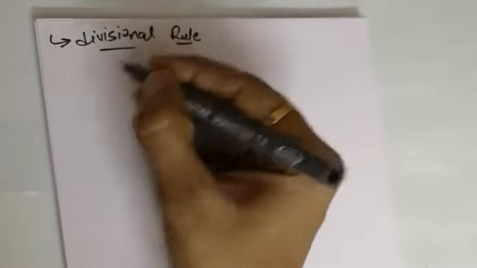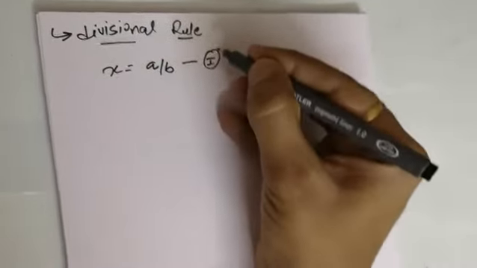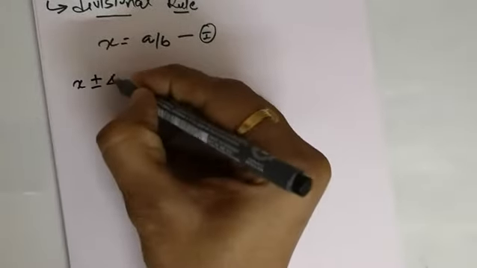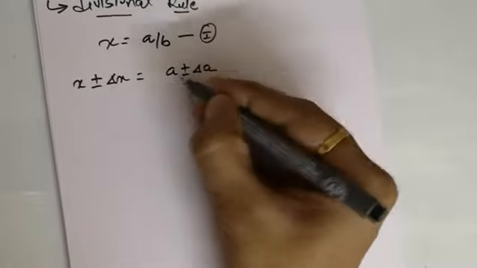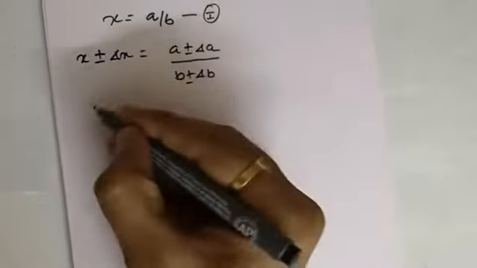It is called our division rule. So I have mentioned that x equals a by b. Now you are familiar with the delta x and delta b notation, so I'm mentioning that directly. x plus or minus delta x equals a plus or minus delta a, divided by b plus or minus delta b.